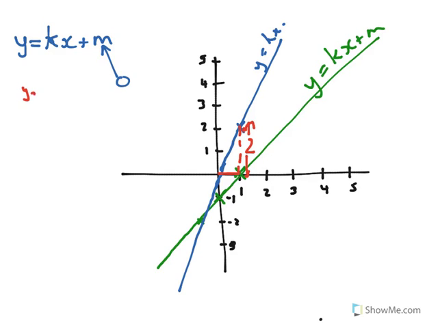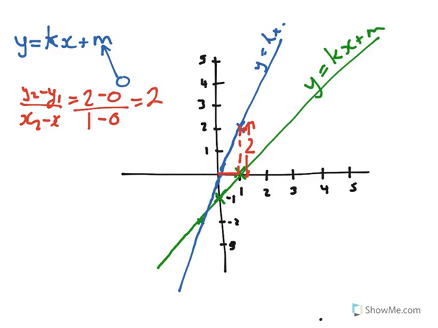So y2 minus y1 over x2 minus x1. y2 is 2, y1 is 0, over x2, which is 1, minus 0. So we get 2 over 1, a gradient of 2.